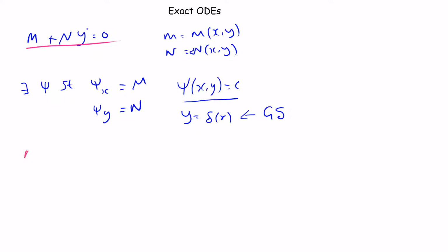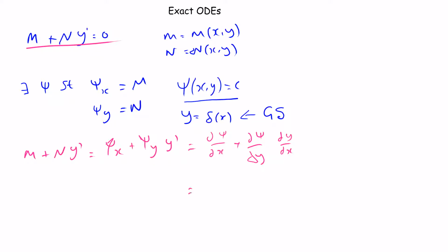So M plus N y prime. This is the left hand side. Now M is psi x, N is psi y, and then y prime. To write this out in a slightly different format, we've got del psi by del x plus del psi by del y, y prime. And y prime, of course, is dy by dx.